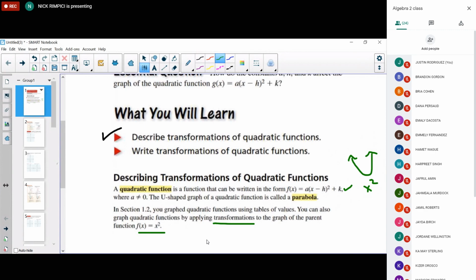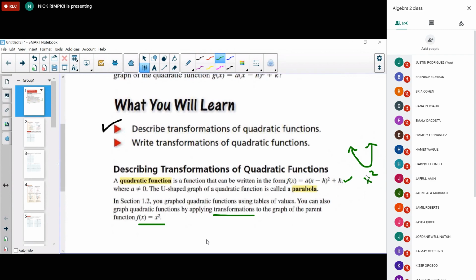So today we're only going to be focusing on moving this item, x squared, around the coordinate plane, vertically and horizontally. So it's not a very complicated lesson today. We're only really honing in on two different skills. Let me show you what I mean by this, and then we'll look at some examples.